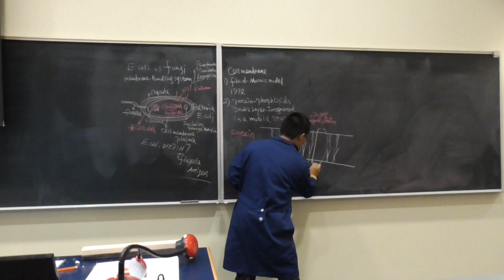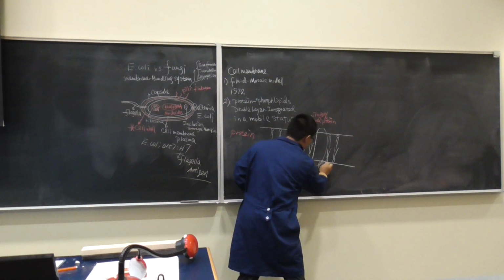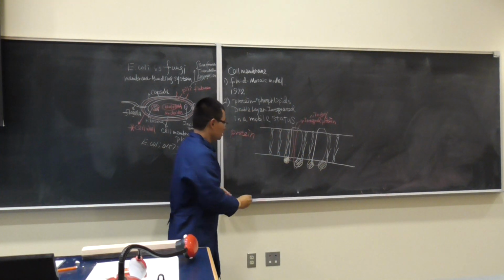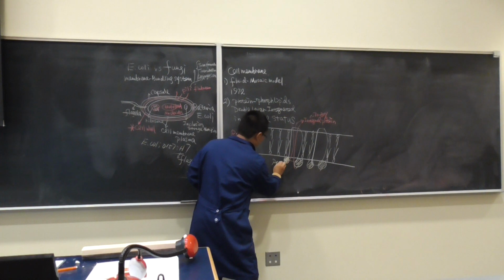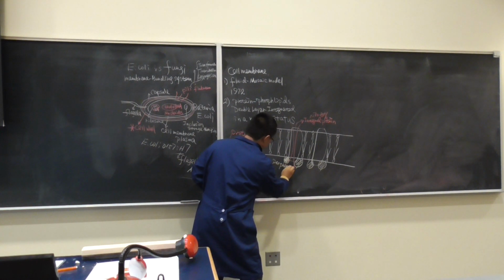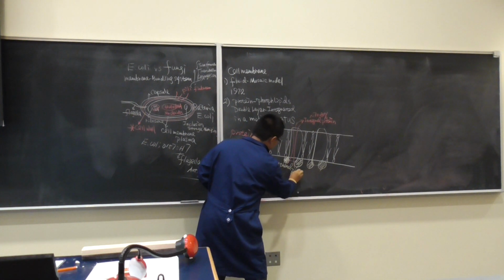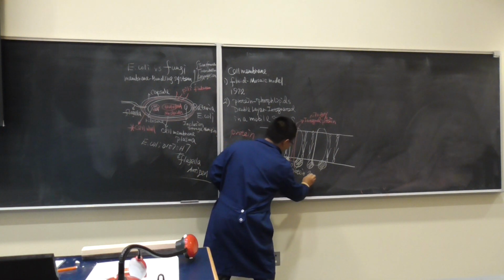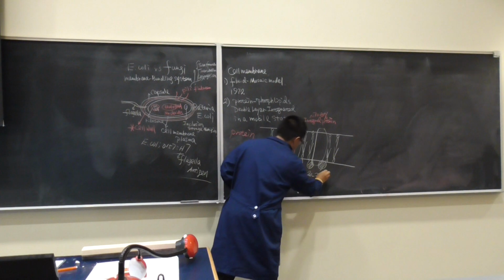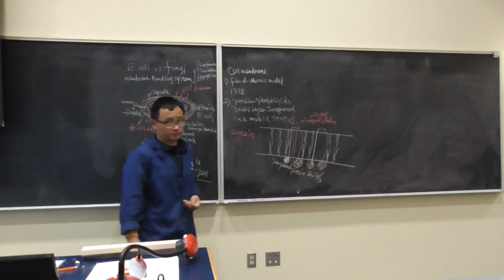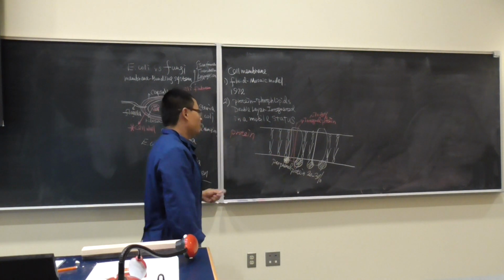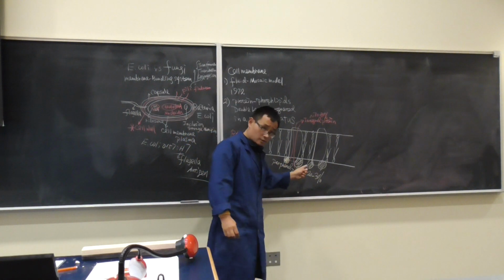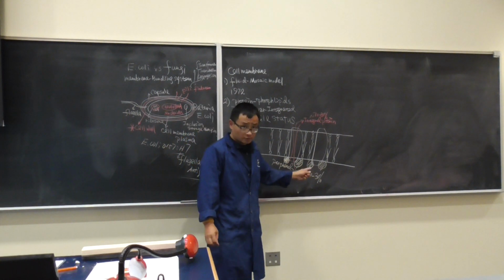It's like attached to the integral protein. This is called peripheral protein. This is around 20 to 30%. But why do they have to be there? I tell you it is important.